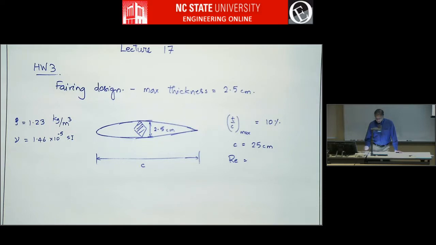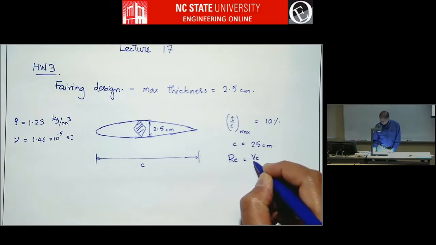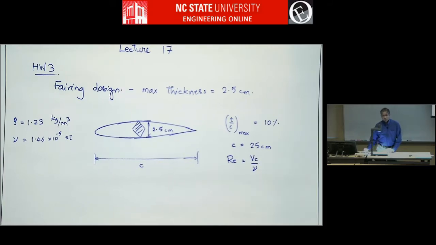Remember the expression for Reynolds number? VC over nu, or if you include density in the top, this will become mu, right? It then will become dynamic viscosity. We're talking about kinematic viscosity.